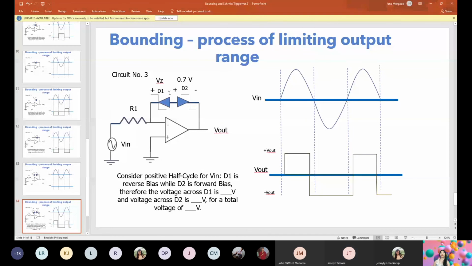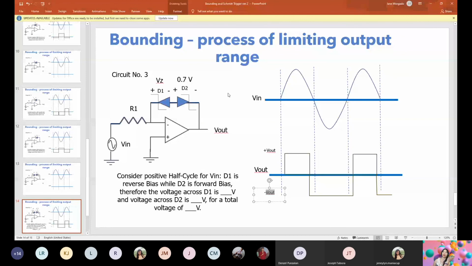With respect to V out, what would be our output? Negative. That's correct. Negative 0.7, dalawa sila eh. The VZ here is not necessarily equal to 0.7, right?